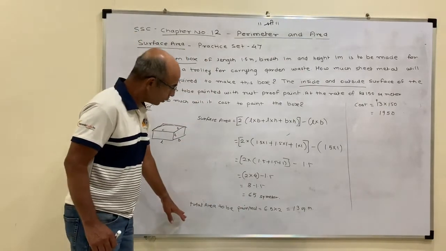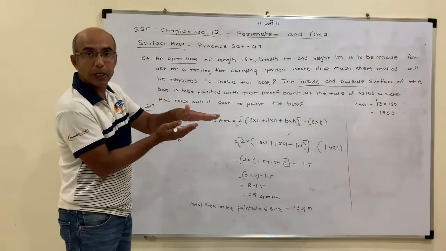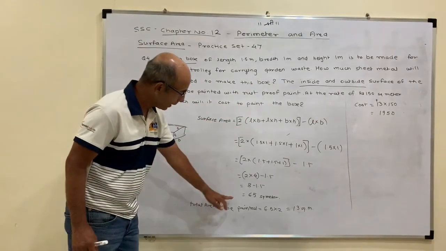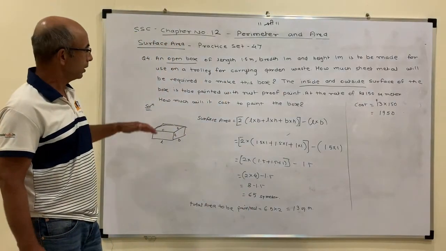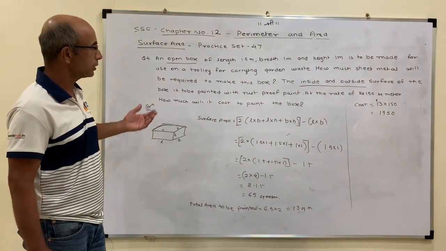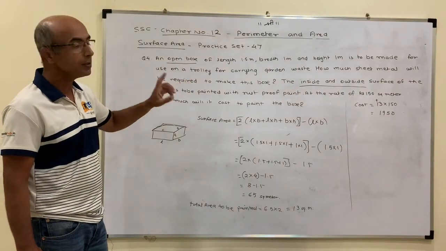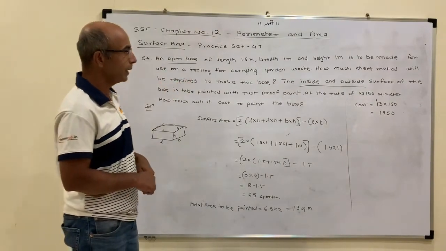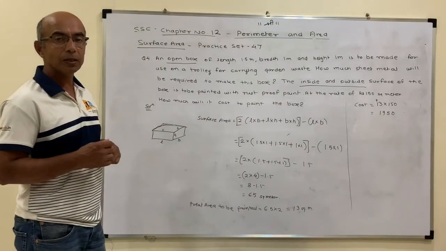Now the area to be painted is the inside and out. So it needs to be painted on both the sides. So I multiplied it by 2. So it comes out to be 13 square meter. Now to 13 square meter, I need to find the cost. How much is the cost? The cost is 150 rupees for 1 square meter. So I multiplied it by 13 and that comes out to be 1950.